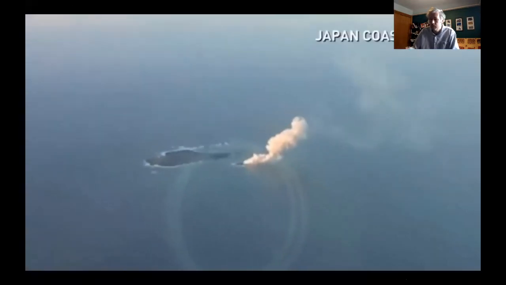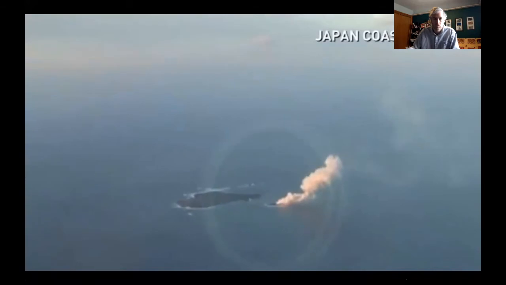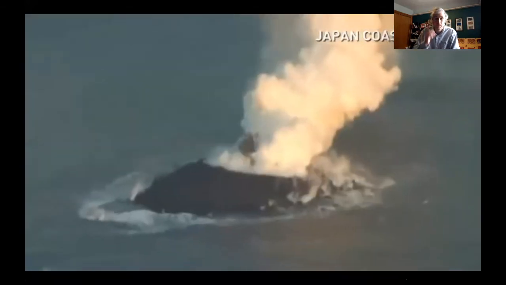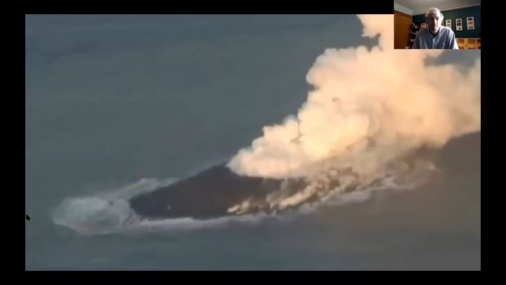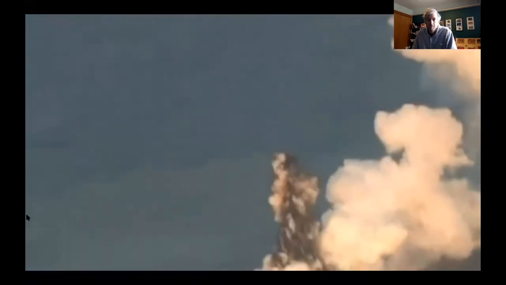This footage from Japan's Coast Guard catches the moment a new island is born. The eruption of an underwater volcano in the Ogasawara island chain allowed the new land to burst from the water amidst a plume of ash 600 meters high. The 200-meter diameter island joins an estimated 6,000 islands within Japan's territory, and if it survives its eruptions, it will technically become part of Tokyo, despite being over 1,000 kilometers to the south.